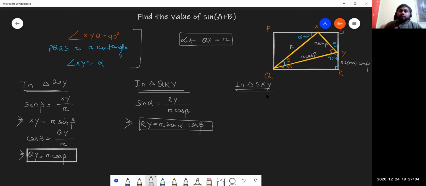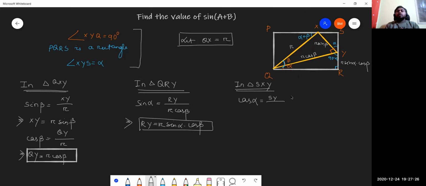Now I will go for the next triangle, triangle SXY. In triangle SXY, the angle we have is alpha, and I will go for cos alpha. So cos alpha will be SY divided by XY. The XY side length is r sine beta, and that is the hypotenuse here.